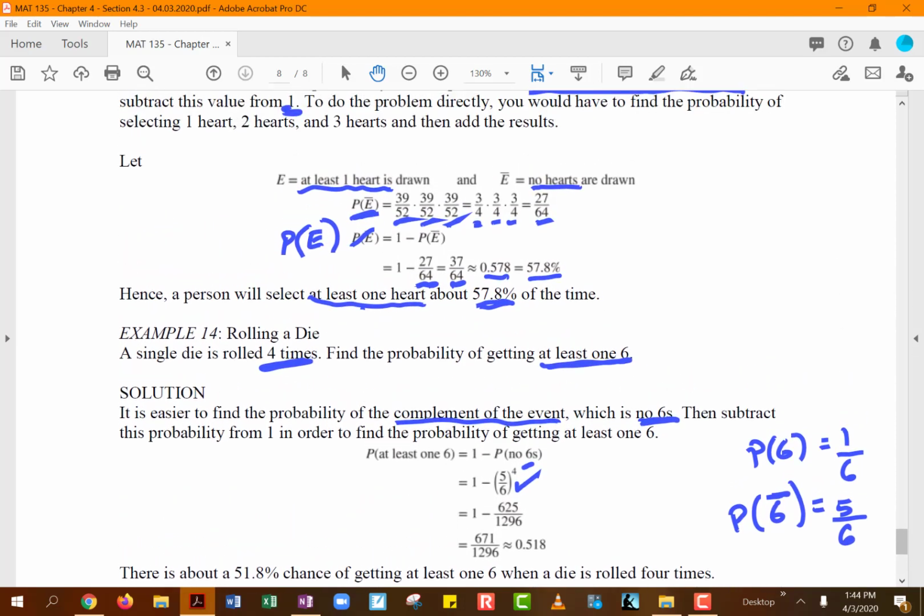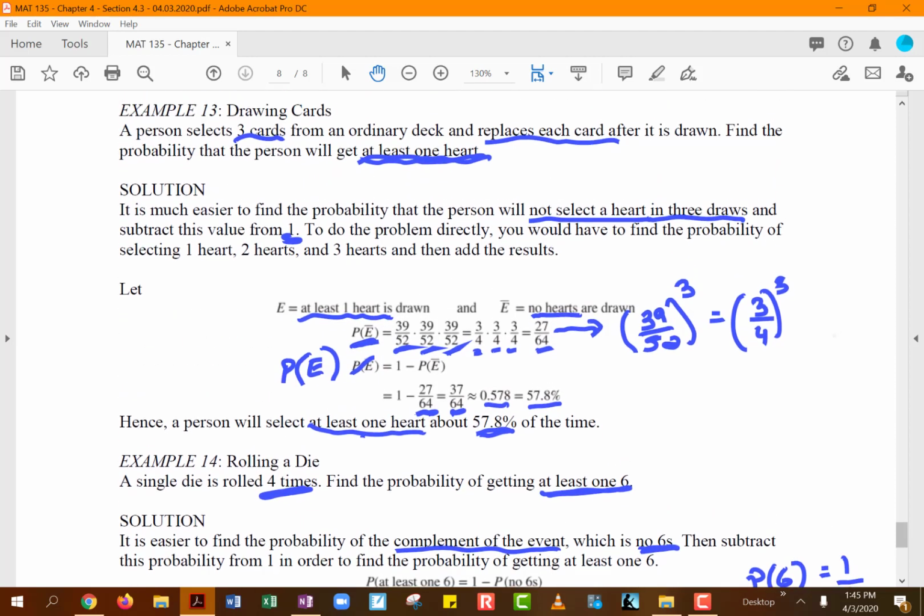Okay, so the reason we're raising it to the 4th power is the same thing that we did in the previous example. You can see how we took each probability of not drawing a heart, which was 39 over 52, or as a reduced fraction, 3 out of 4. So that 3 out of 4, or even the 39 out of 52, was being multiplied into itself 3 times, which was the same thing as taking 3/4 and multiplying it 3 times by itself.